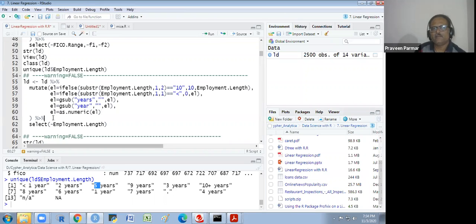And finally, by chaining, we remove that employment length column. It will remain as it is. We have not done anything with N oblique A and NA. We will do it later.